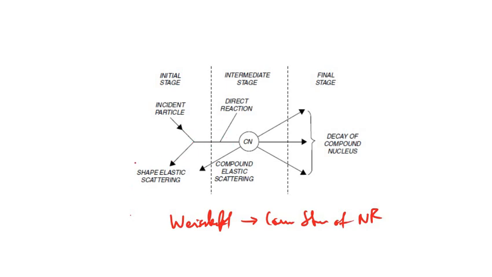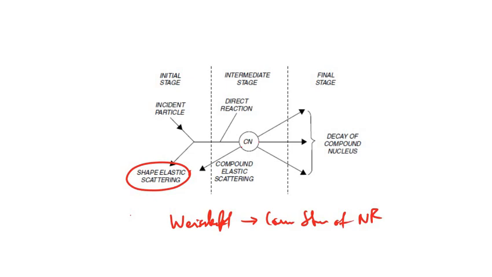There can be elastic scattering, remember, and that elastic scattering is known as shape elastic scattering. However, there can be a possibility where, after the formation of the compound nucleus, it emits a particle which is of the same kind as the projectile, with the same energy that the projectile had.